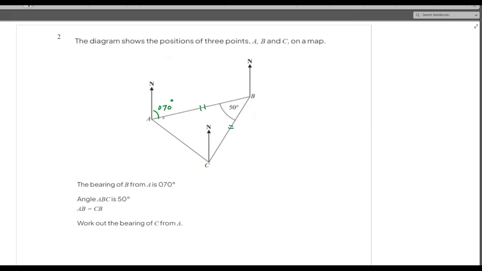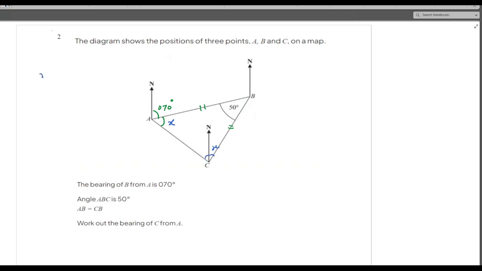So again, I need to first find this angle A. Now here it is quite easy because we all know that this ABC is an isosceles triangle and therefore this angle and this angle will be the same.